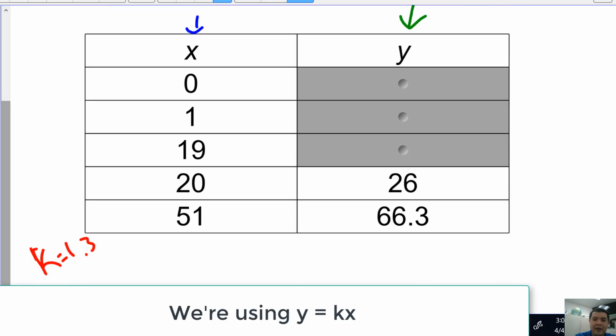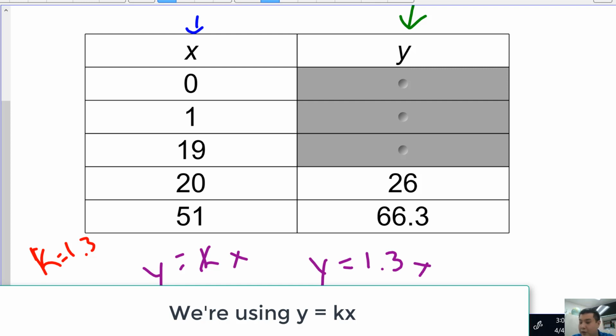So we found our k value. So again, the formula was y equals kx. Our k value is 1.3, so we plug that in for k. And so the formula now becomes y equals 1.3x. So now we simply plug in our x values to find our y values.